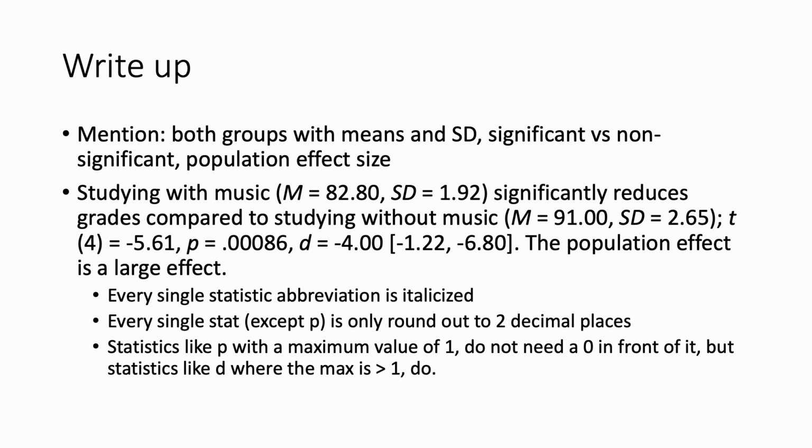Our write-up is essentially identical to last time. All the rules hold. The only things that really change are everything from my t-statistic out, and that's just because it uses slightly different math formulas. I didn't show you those today because you don't really need them. The t-test formula is a little bit different.